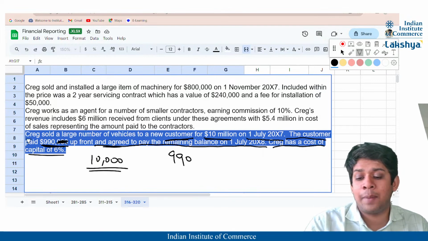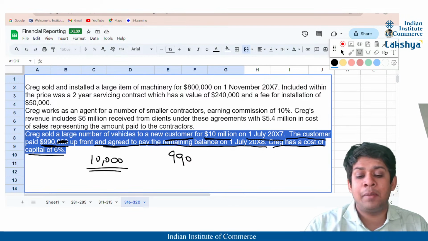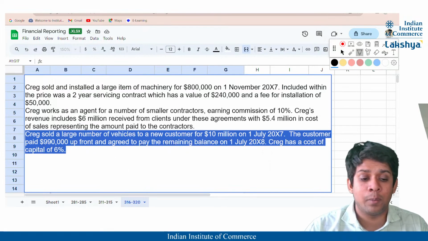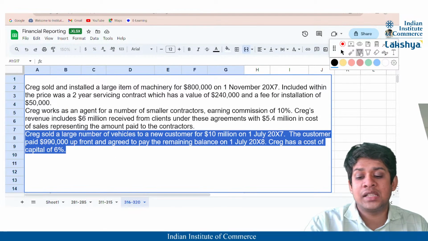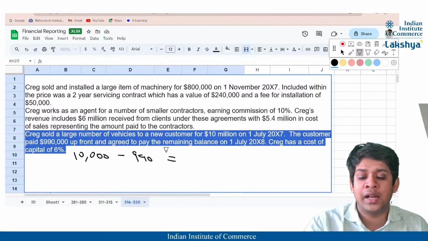Craig had a cost of capital of 6%. So you remember, wherever there is a payment to be made on a later date, that means there is a significant financing component. And when there is a significant financing component, you are supposed to present value it, correct? So from the total value of 10,000, 990 is already recognized.